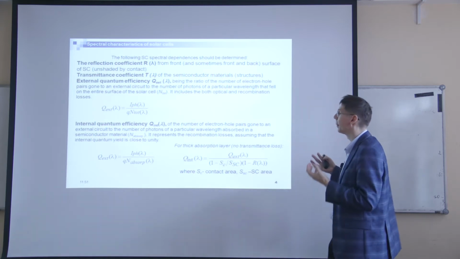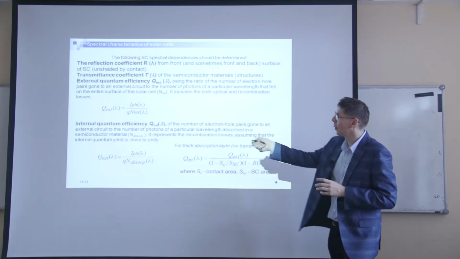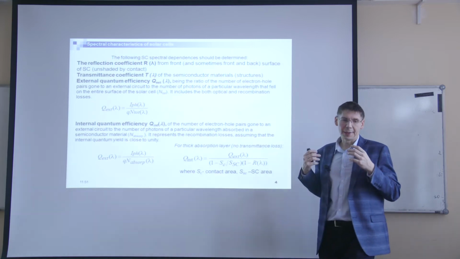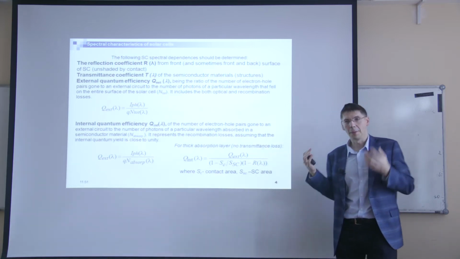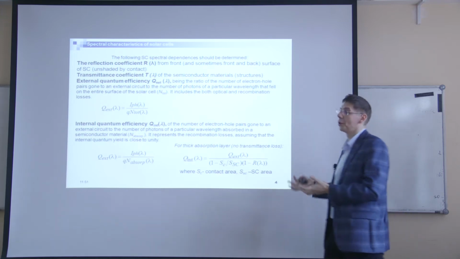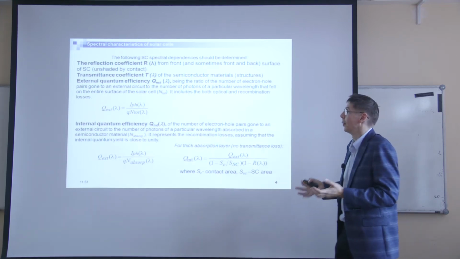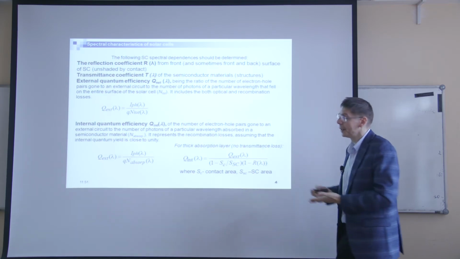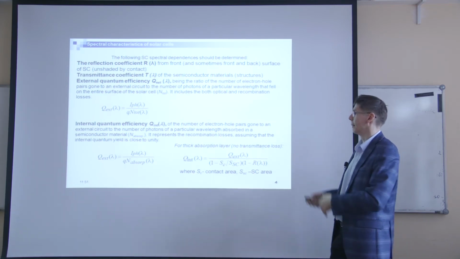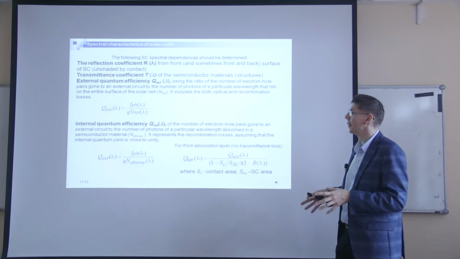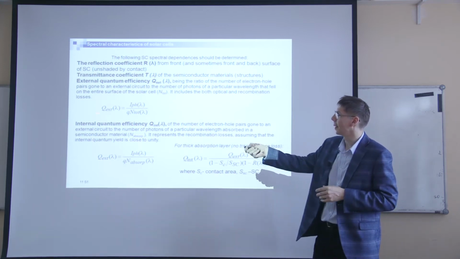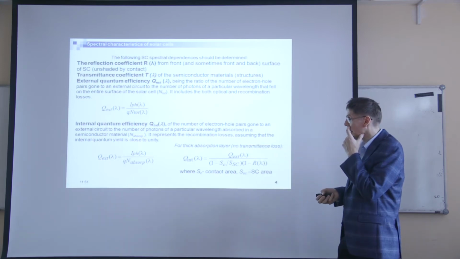But the main idea is that external quantum efficiency is like an IV curve. It's a parameter which represents the quality of your solar cell, because for a normal solar cell you have to decrease the reflection losses, the shadowing, and so on, so it's like a device characteristic.